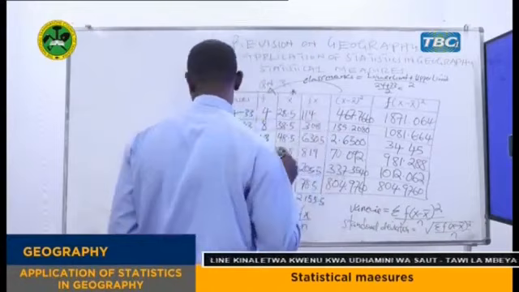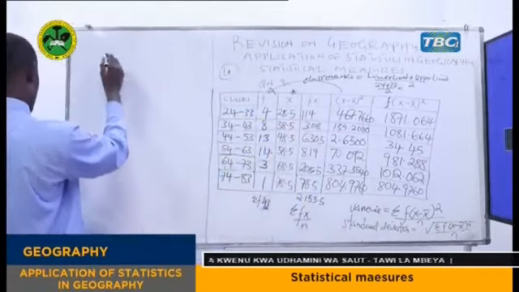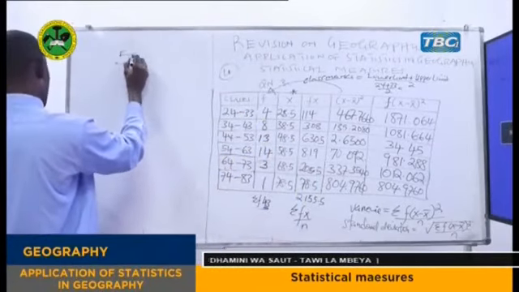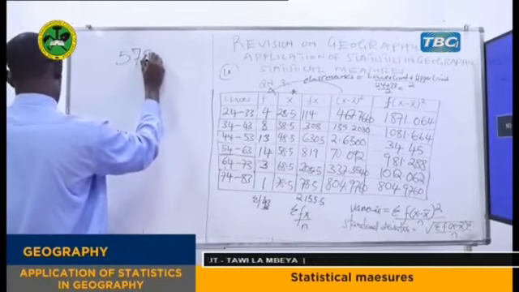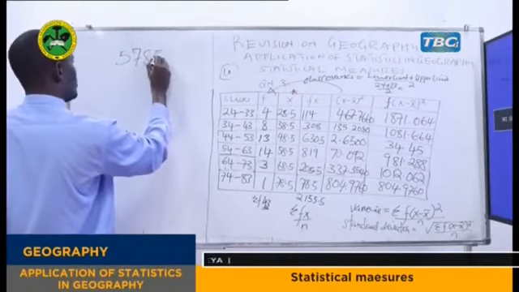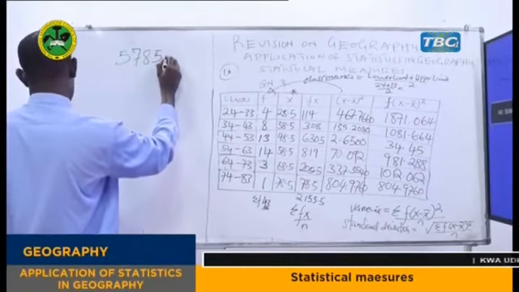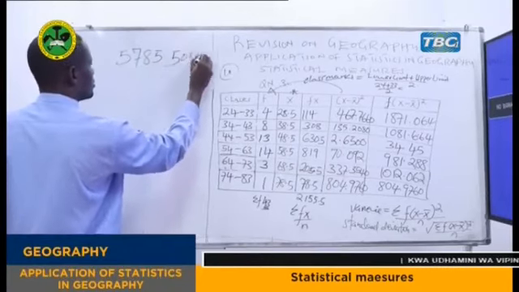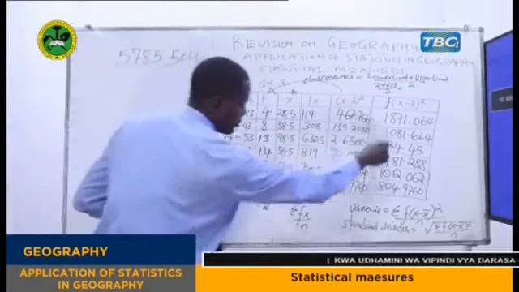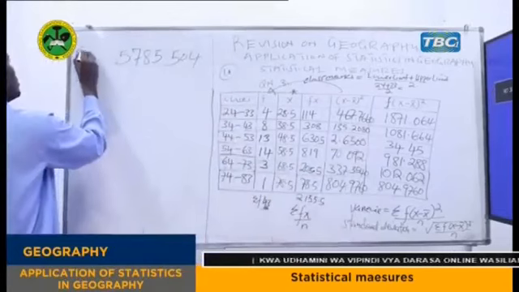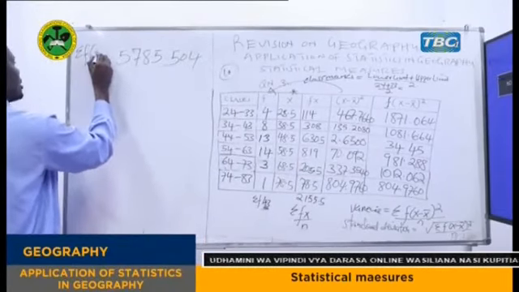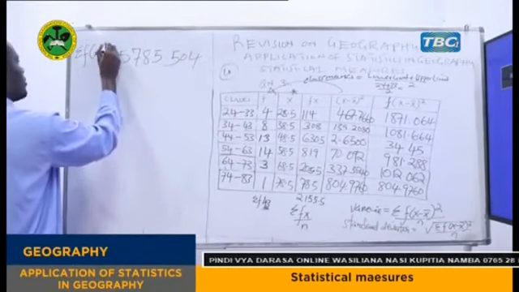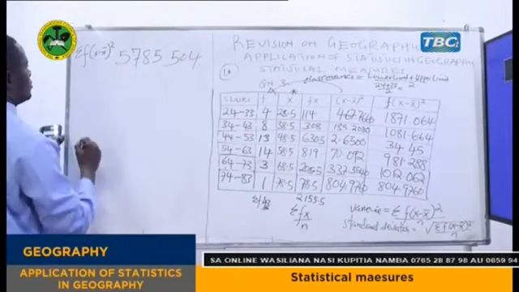Then we come up with a total of 5775.9504. So this is the summation of f(x minus x bar) squared.